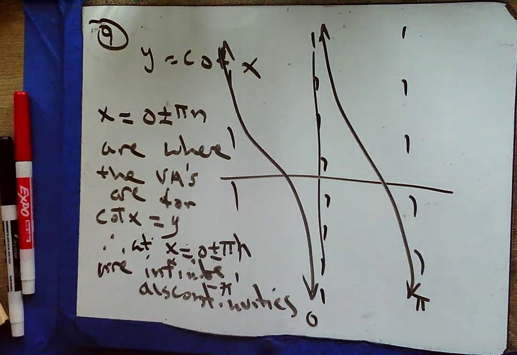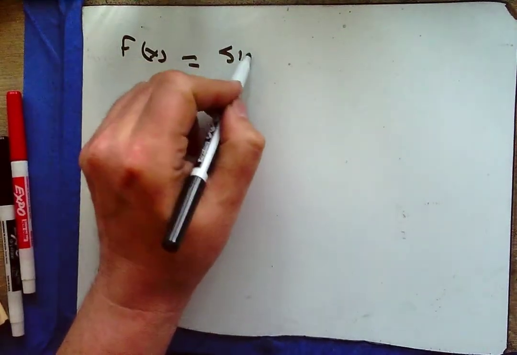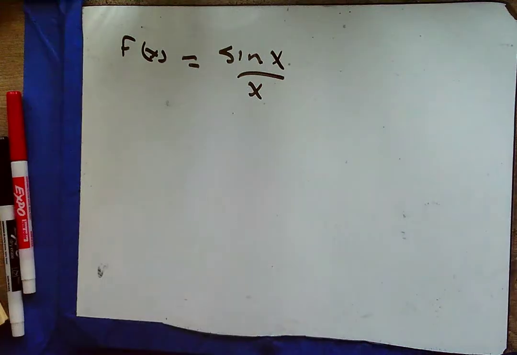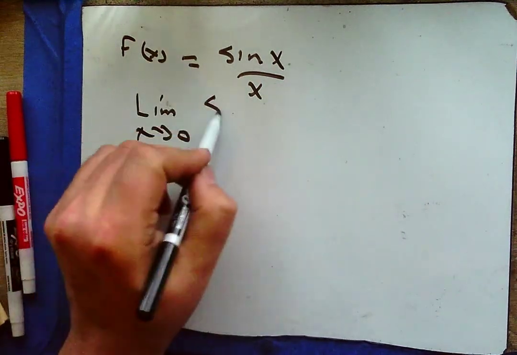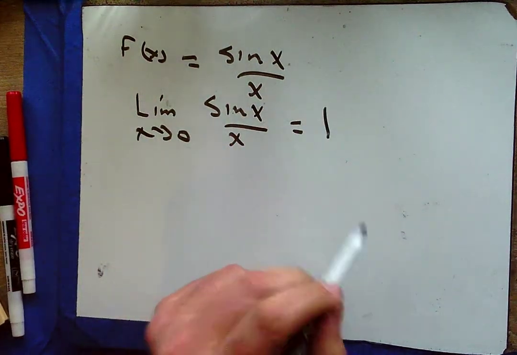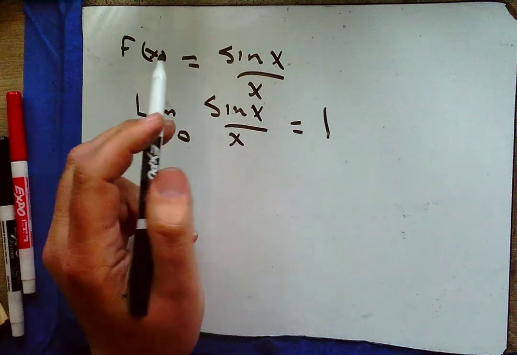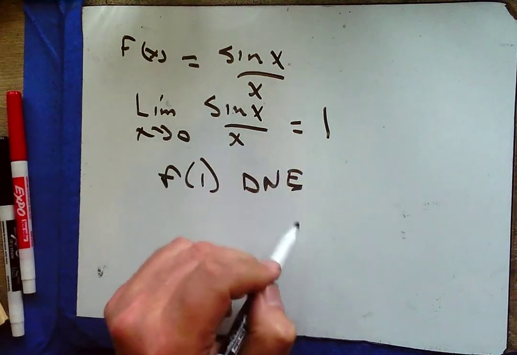Okay, please write sentences. And the last one we have on this front side is f of x equals sine x over x. Well, that's our dear friend. We know that the limit as x approaches 0 of sine x over x equals 1, but at 0, f of 0 does not exist.